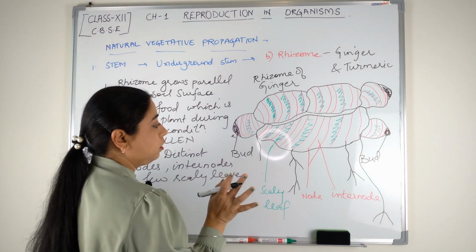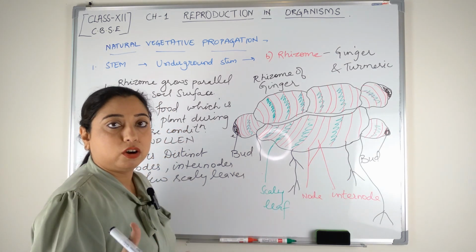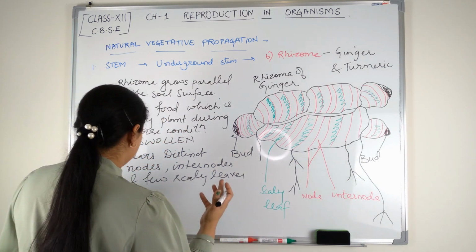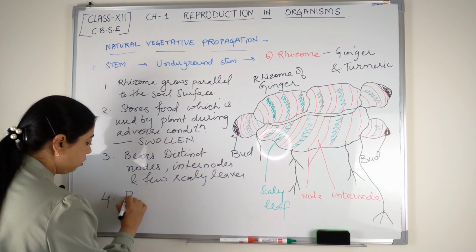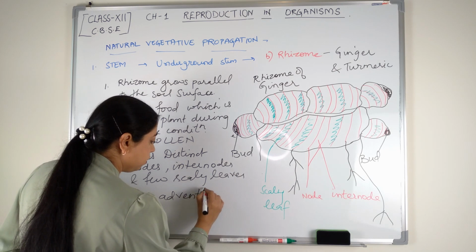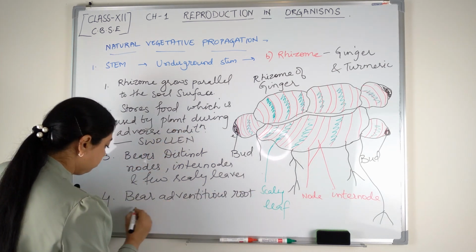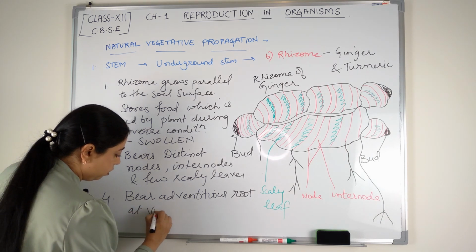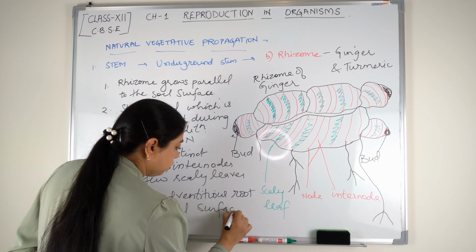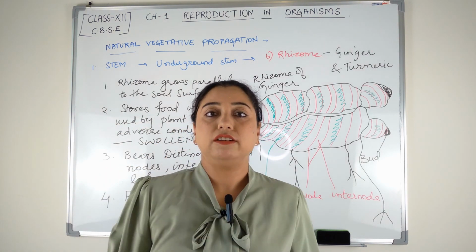Other than that, as I've already told you, there are some root-like structures coming out of the ventral surface of the rhizome. These are adventitious roots. So they bear adventitious roots at the ventral surface. The adventitious roots are growing ventrally.